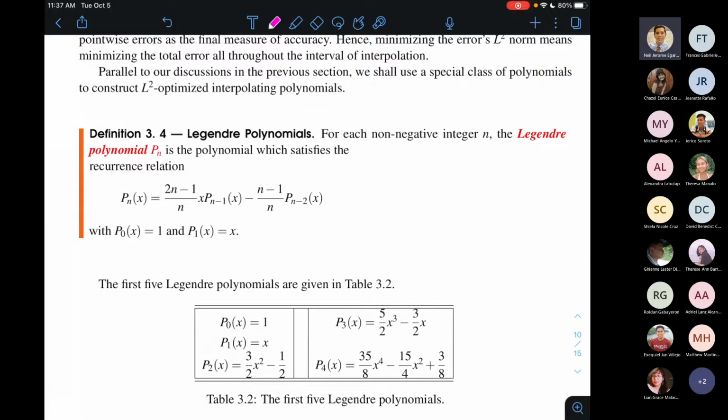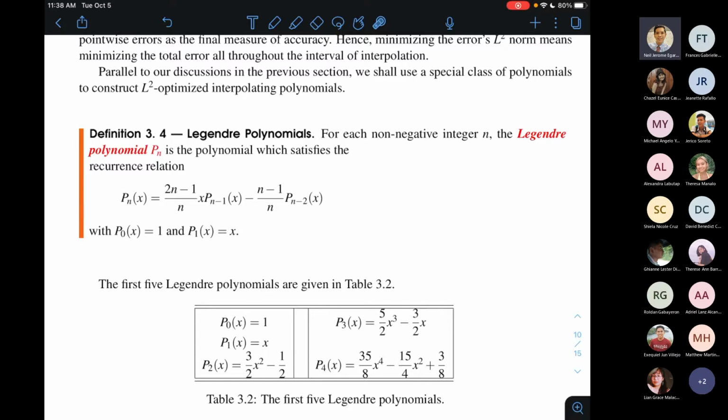So what are the Legendre polynomials? So the Legendre polynomials, P sub n, is a family of polynomials such that for each non-negative integer n, the P sub n is defined this way in a recursive fashion, given that P0 is 1 and P1 is equal to x.